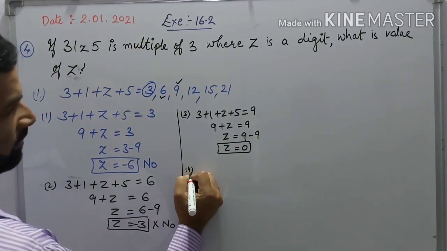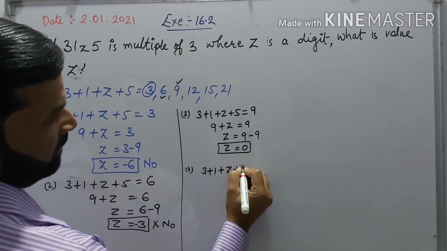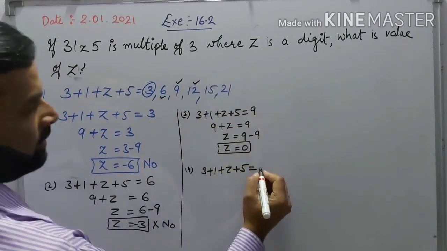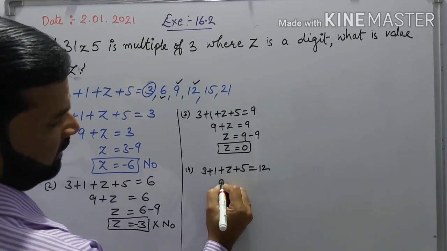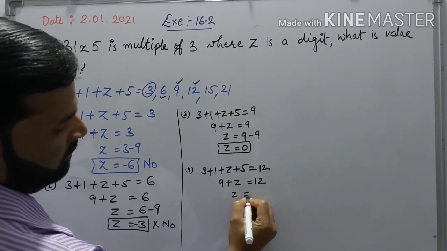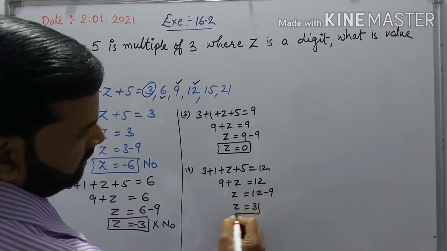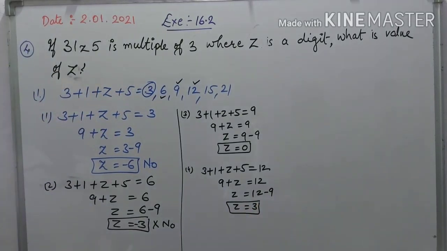Now the fourth step, again 3 plus 1 plus z plus 5. The next number is 12, so 9 plus z is equal to 12. Then z is equal to 12 minus 9, which is 3. This 3 is a positive number.